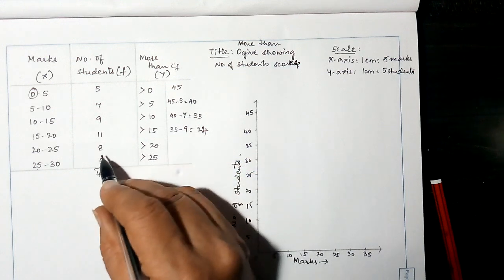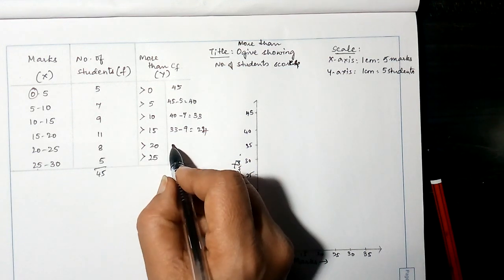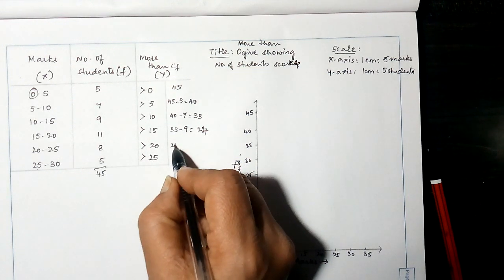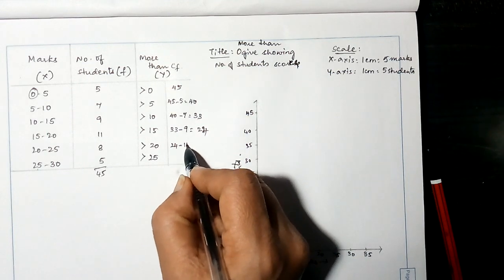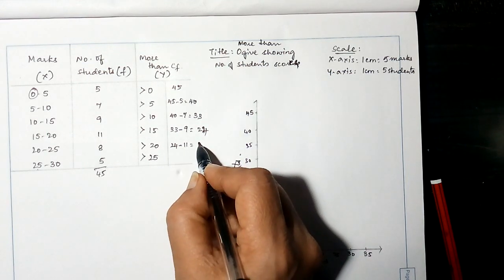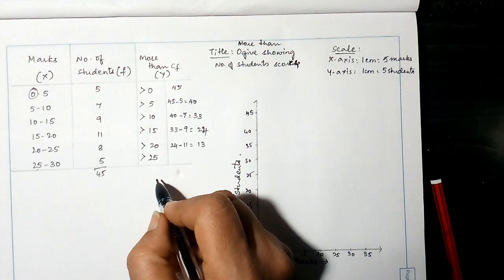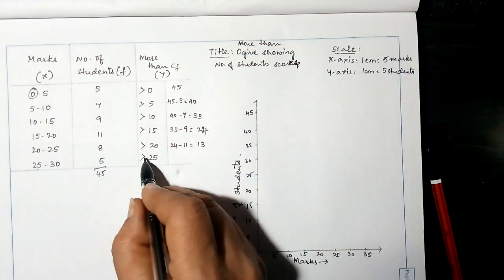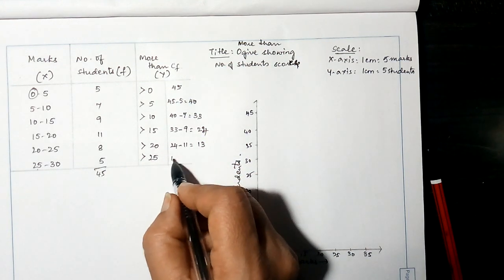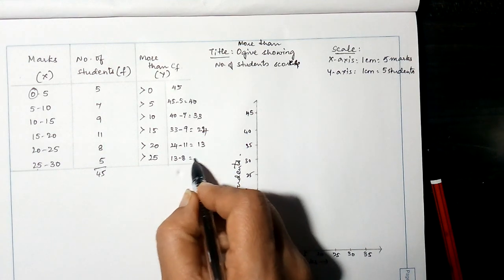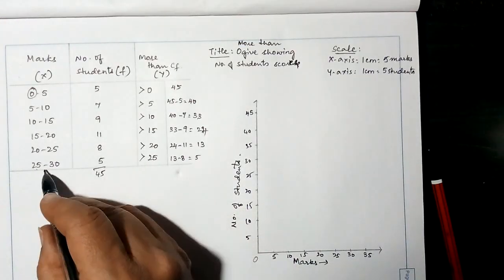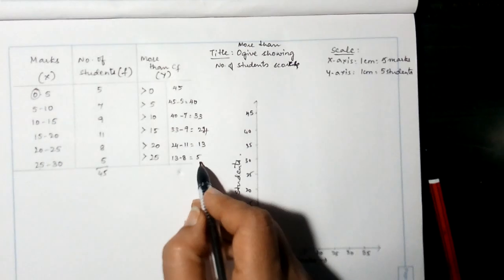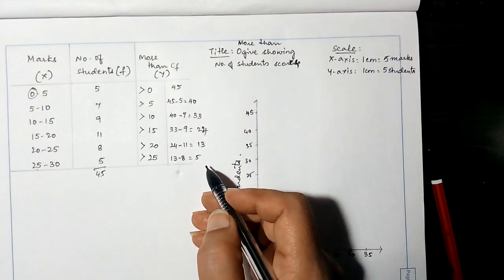Now next would be more than 20. More than 20 is 24 minus 11, which is equal to 13. Okay. So more than 25 would be 13 minus 8, which is equal to 5. So more than 25, there are only 5 students. So that is how we get the cumulative frequency.